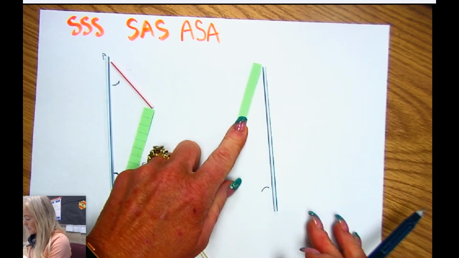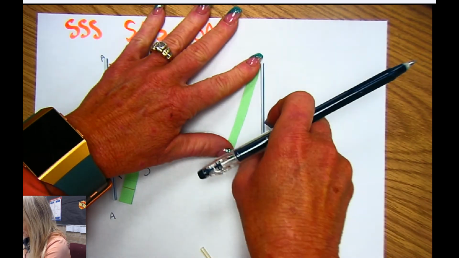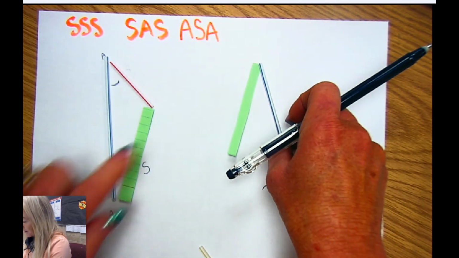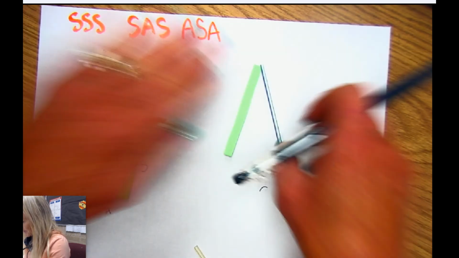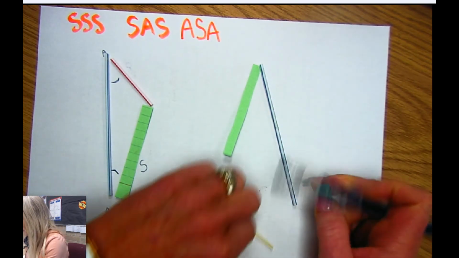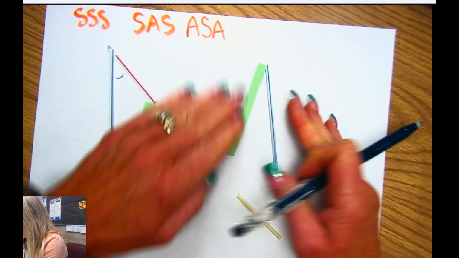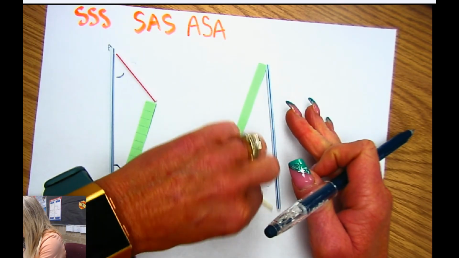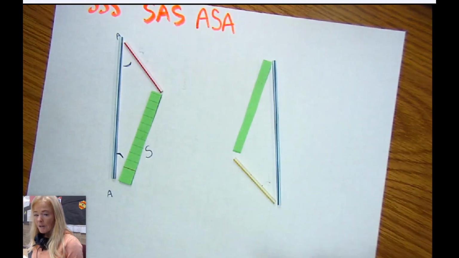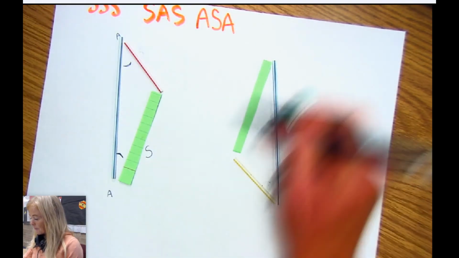If I have this side measure that has to be the same, I can only move this to that same exact angle that's right there. So whatever that is, I measure that the same. And I have to make sure that I put this together right here at a certain angle. I move it at a certain angle, then it's going to just match up perfectly with that right there, and it's going to make the exact same triangle.